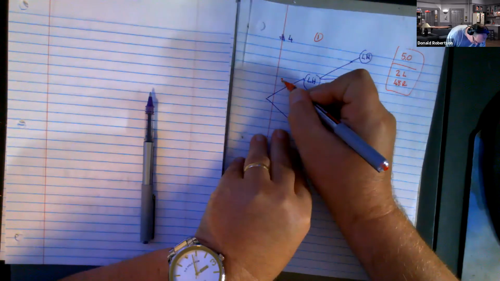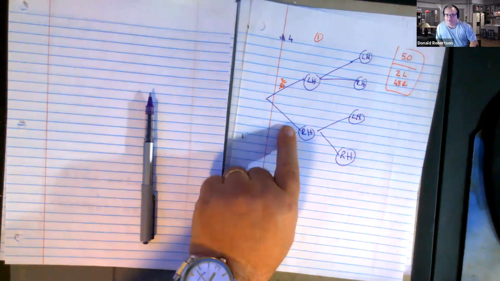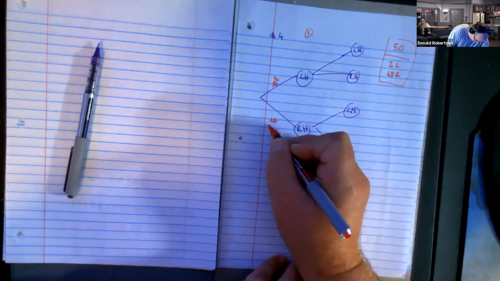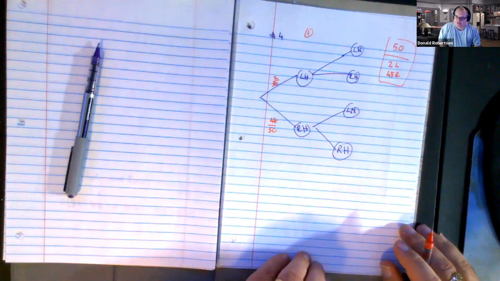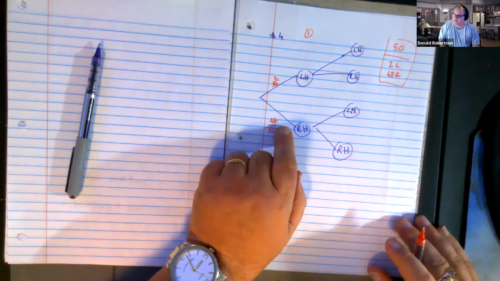And I'm not going to simplify it, I'm just going to leave it as 2 out of 50. What's the chance then that they're right-handed, the first person you pick? 48 out of 50. Yeah, and we're using the trick that these 2 always add up to 1. And when it's fractions, I just say, look, the top 2 add up to 50. That's an easy way of remembering it, right?